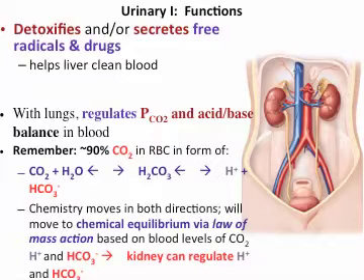With the lungs, your acid-base balance is pH. If you remember with pH, if you have a high free hydrogen ion concentration in your blood, the pH is low. If you have a low free hydrogen ion concentration in your blood, the pH is high. So if you look at this carbonic acid bicarb formula, you can see that it can go either way. And because it can go either way, you can regulate the amount of free hydrogen ion in your blood.